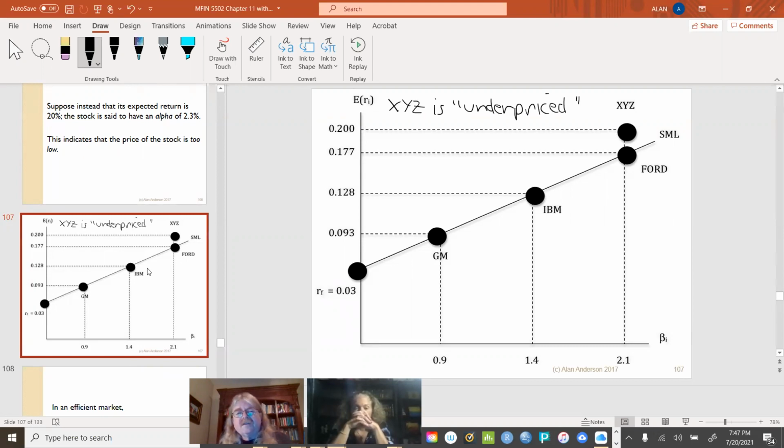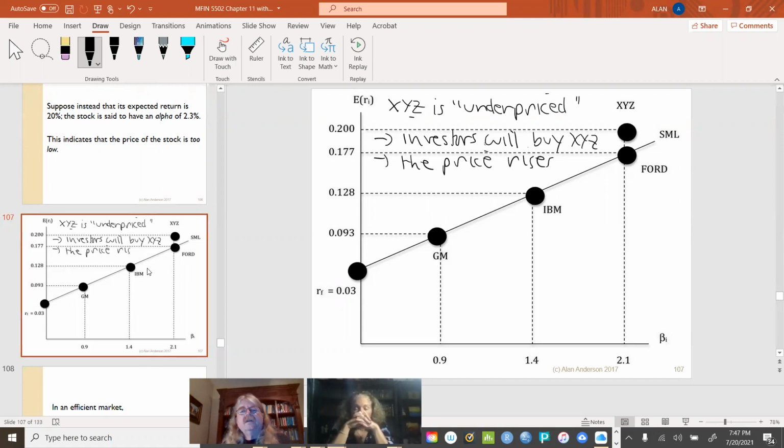So what do you suppose investors will do? They'll buy it. The price rises and the return falls until it reaches the line again.